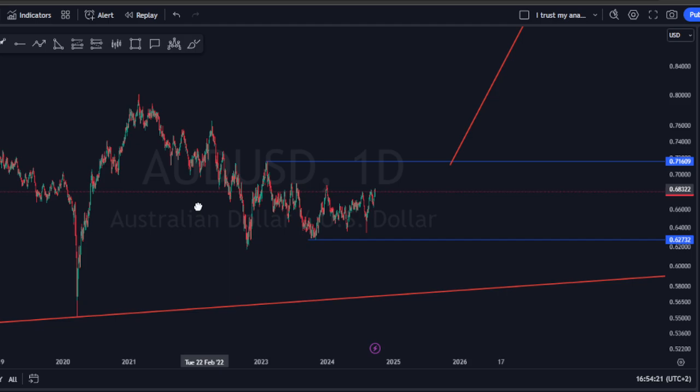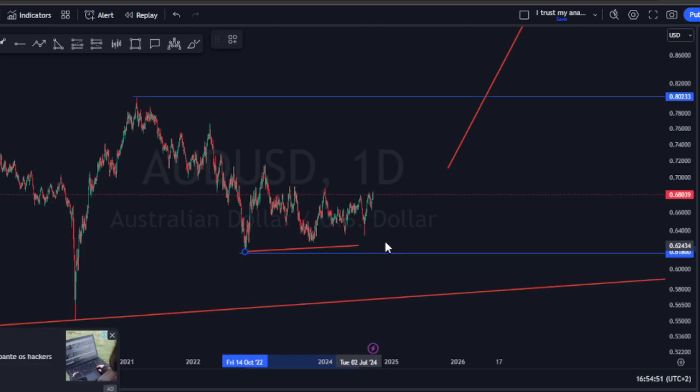Just want us to do this, that high, and then this low, and then this low. And then from here, ladies and gentlemen, we can just do that.